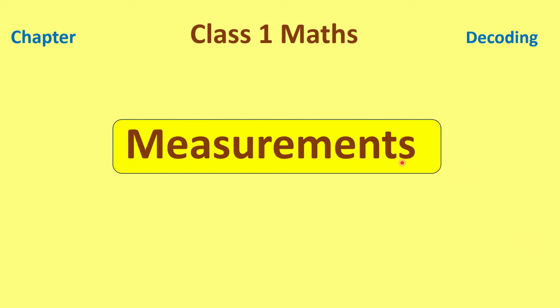Measurements. Okay? It's just divided half here and then divided from here. So it's a measure, and it's properly called measurements. Okay? So it's a symbol.